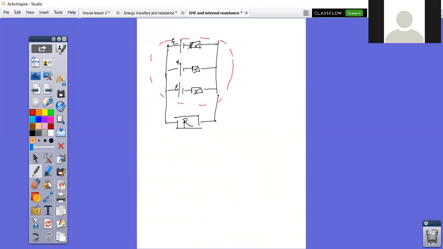I can replace all these three cells that are in parallel with one another and symbolize it with one cell that has still got an EMF of E. But this time around, what will the value of the internal resistance be? These three resistors. How can I find the equivalent resistor? Any ideas?